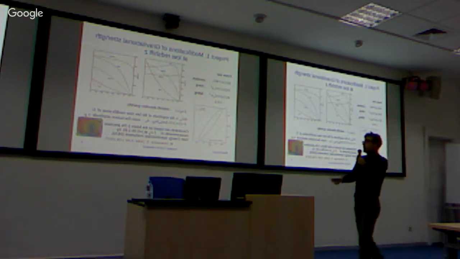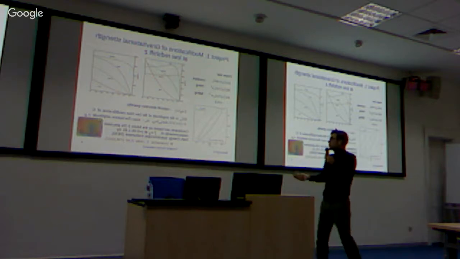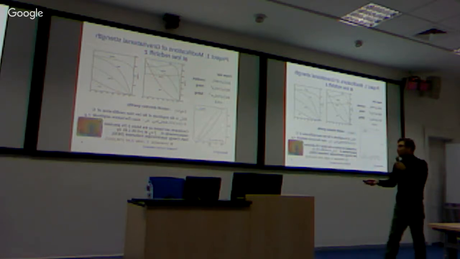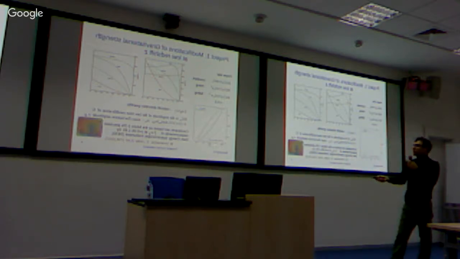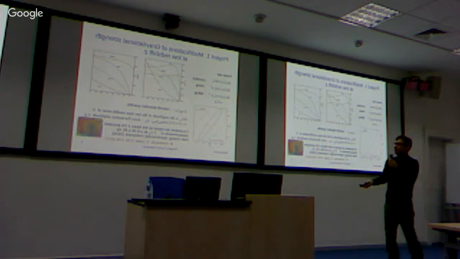But it turned out that even though we could detect some deviations from G Newton at the 5% level, using the projected constraints on f sigma 8 measurements from the upcoming instruments, we still could not distinguish between falling, rising, and different kinds of behavior.